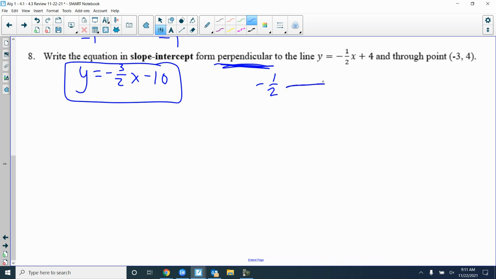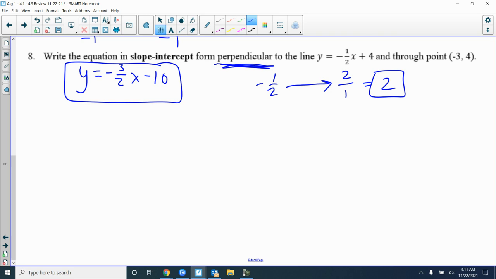What does it need to go to if it's perpendicular? Go ahead. 2 over 1. 2 over 1 or just what? Just 2. That's my new slope. Is everybody okay with that? Austin, you okay with that? Sure? All right, Austin.